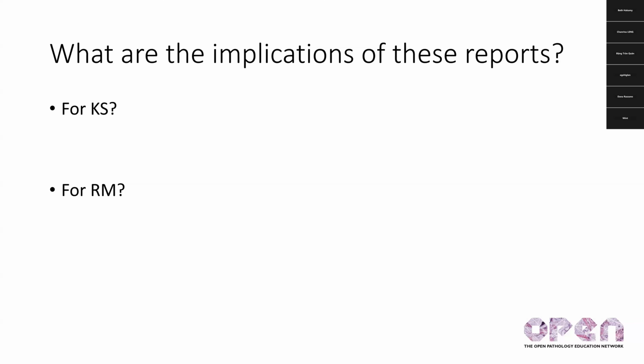KS maybe needs the surgical removal because Gleason 3 plus 4. For RM maybe the hormone control, because I think it's benign prostatic hyperplasia. Very good. Thank you. Very good.